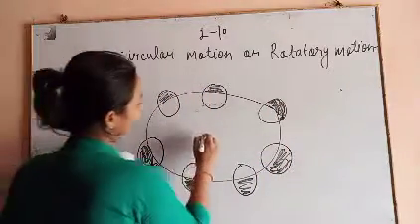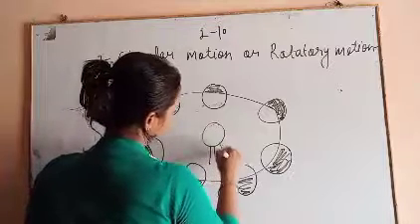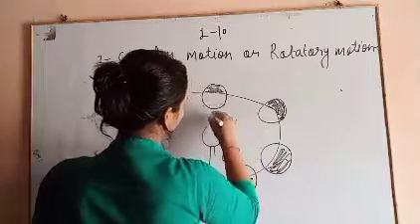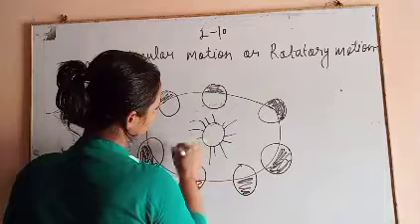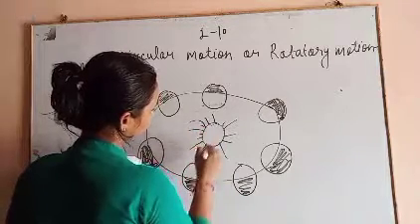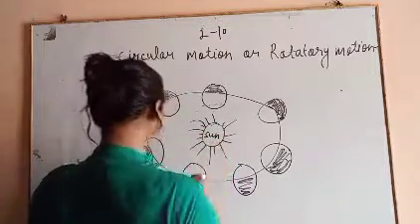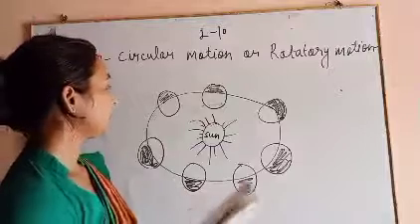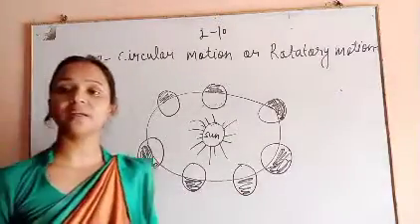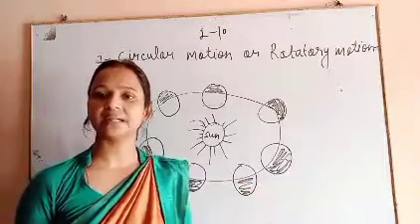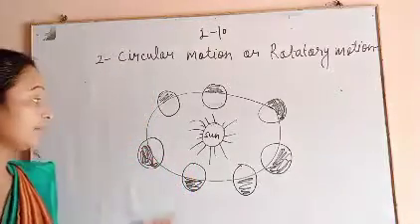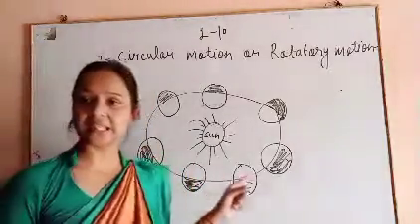This is the sun. The earth revolving around the sun. In the diagram you can see.